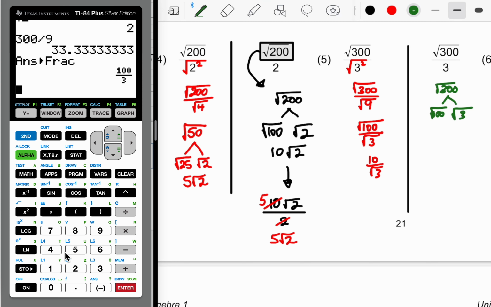Well, 100 times 3 gives you 300. So that gives you a 10 radical 3. But it's still over the 3 that was part of the original fraction. So this still has to come along for the ride. We don't just toss that. So 10 radical 3 over 3.